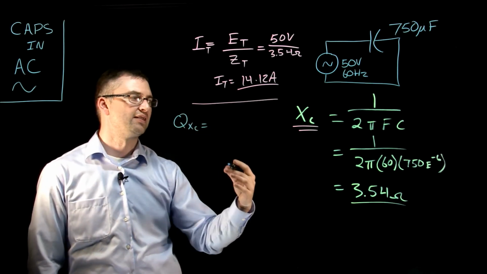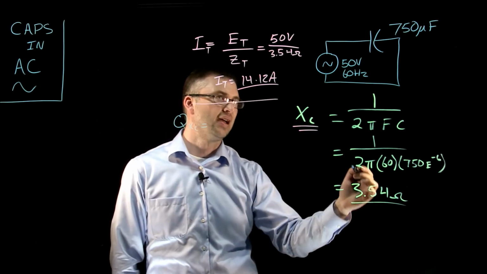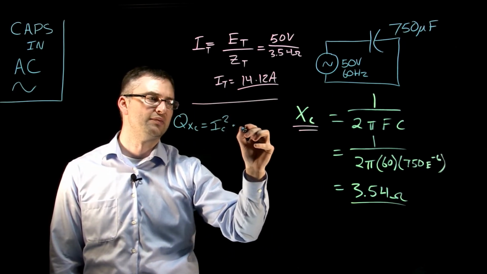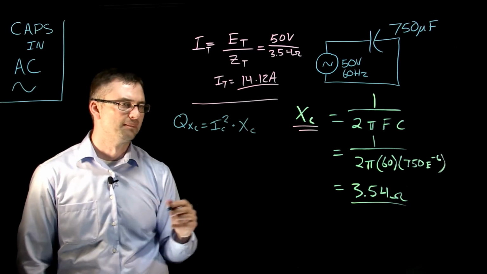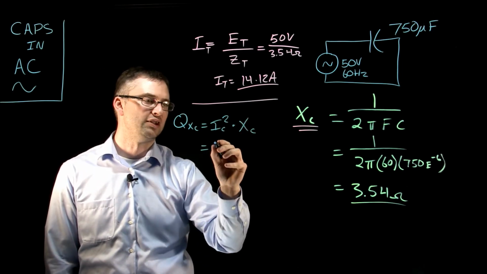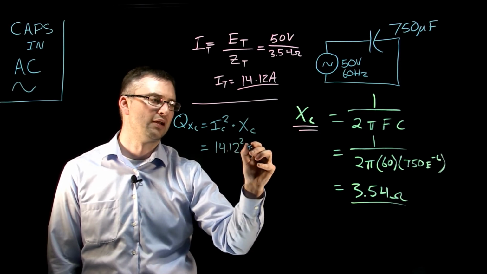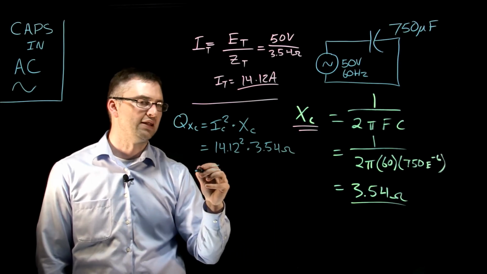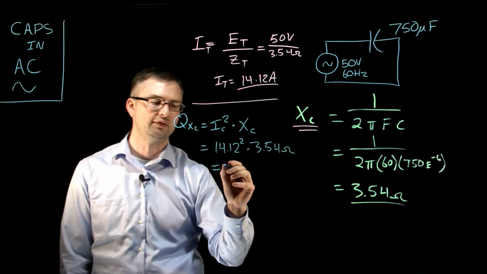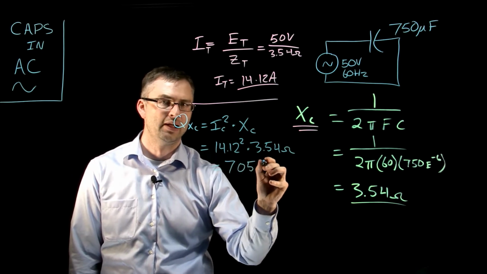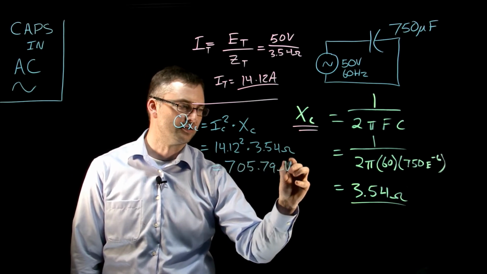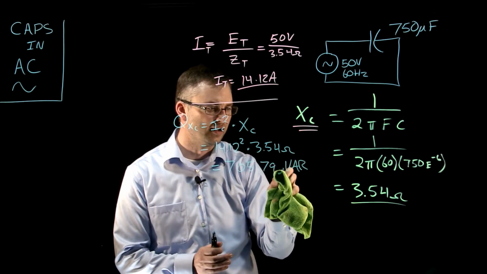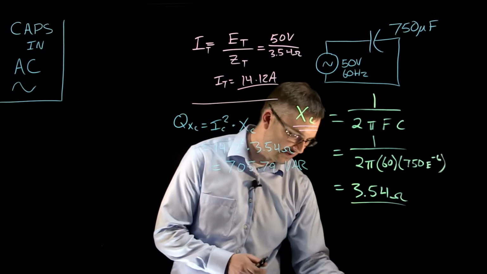And the Q of XC in this case, seeing as we have a value of XC and a current, we could use I squared through the capacitor times the value of XC, much like I squared R. So we can do that, and we will have 14.12 squared multiplied by 3.54, and we get a total volt amp reactive of 705.79 VARs.